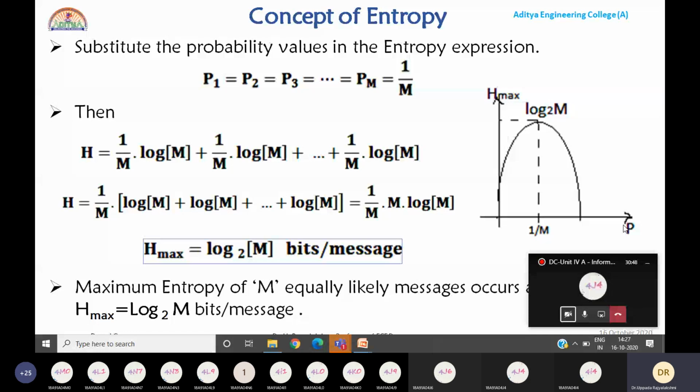At p equal to 1 by m, you will get a maximum entropy, how much? Log m base 2. So please remember this equation. With this, almost all 6 properties of entropy have been completed.